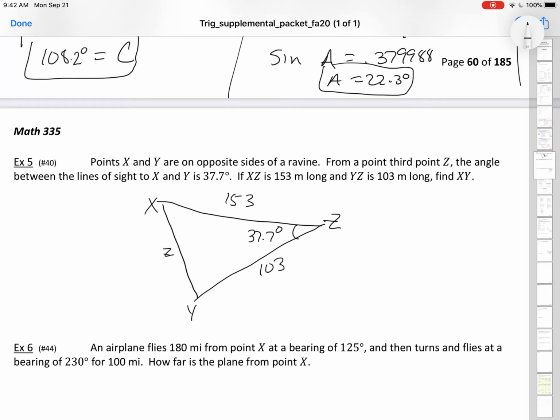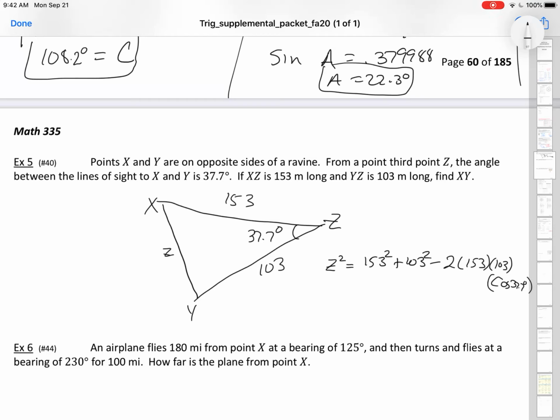What we know from the law of cosines, and again, law of sines is not an option, is that z squared better be equal to 153 squared plus 103 squared. Don't worry if those are in different orders, it doesn't matter. Minus 2 times 153 times 103, and then times the cosine of 37.7 degrees.